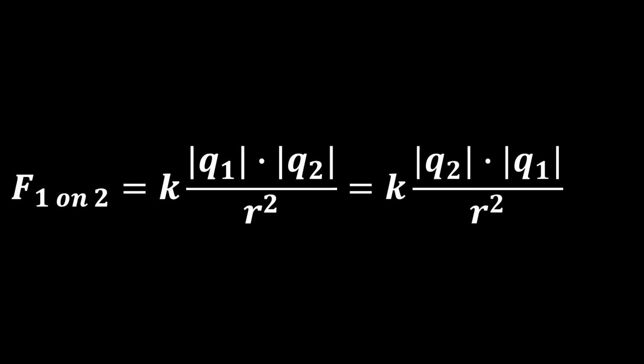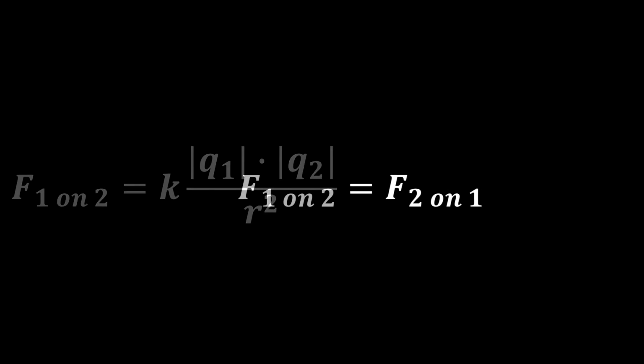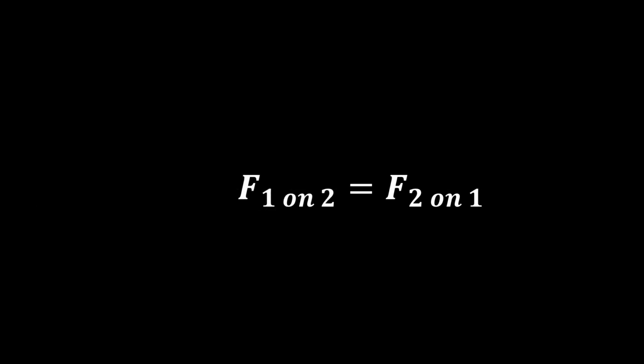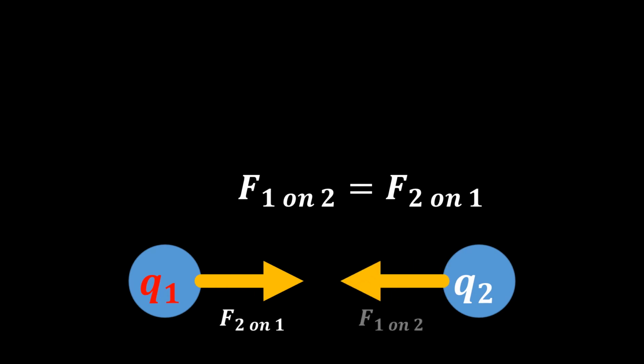And this actually is F2 on 1. So the magnitude of the force exerted by object 1 on 2 is equal to the magnitude of the force exerted by object 2 on 1. However, they are opposite in direction.